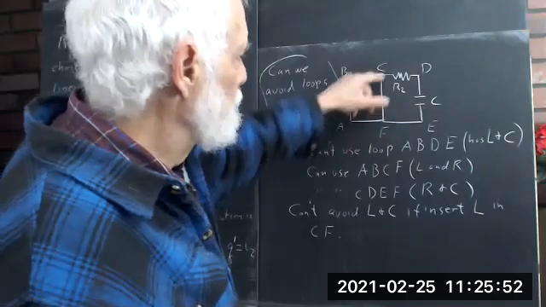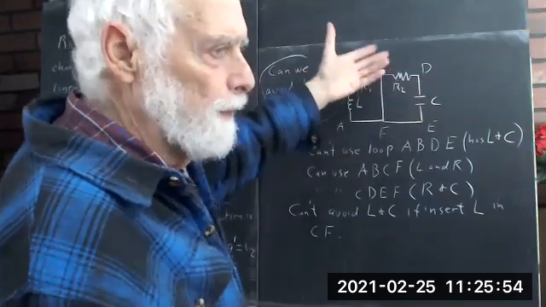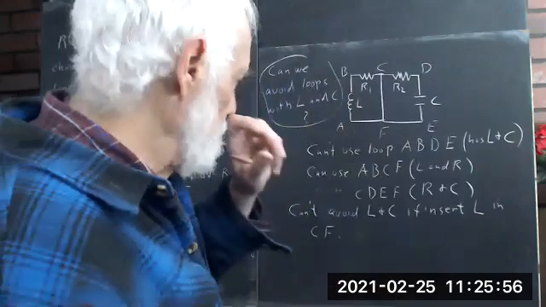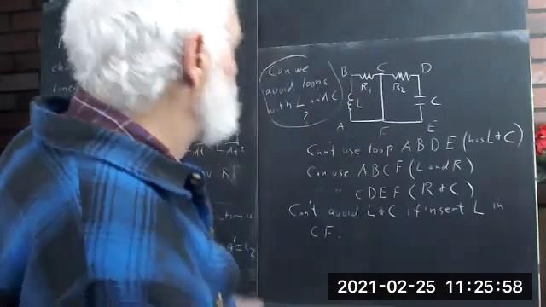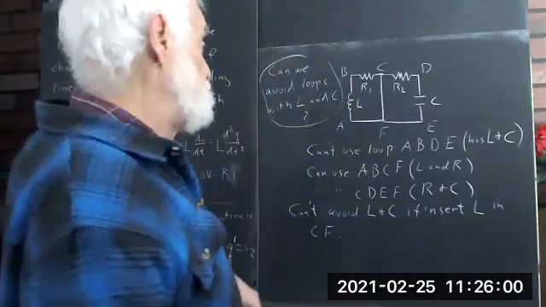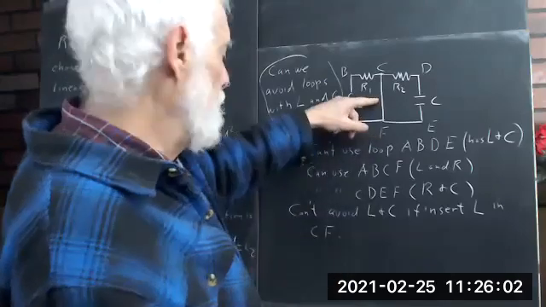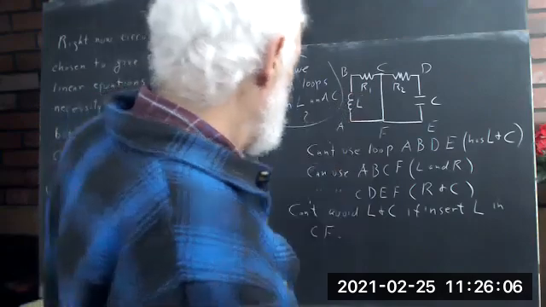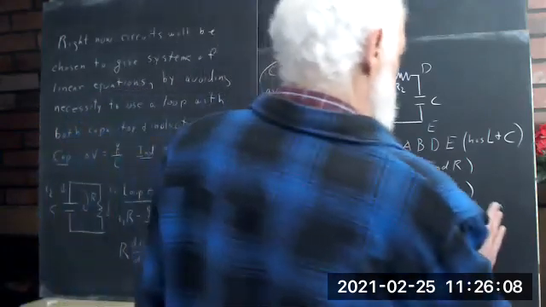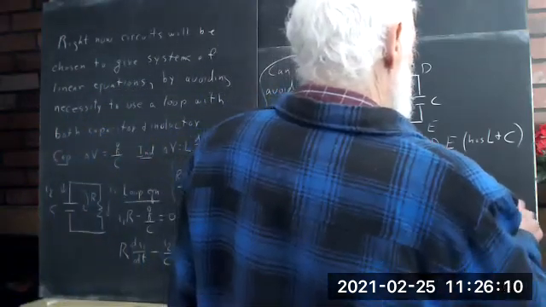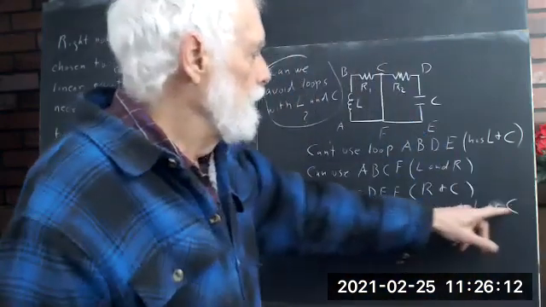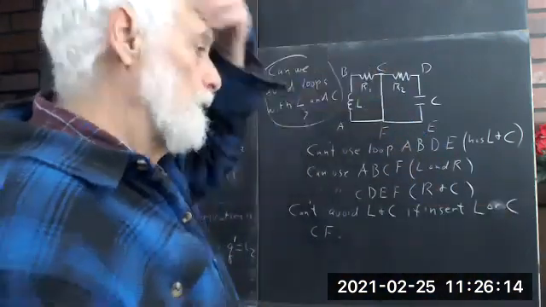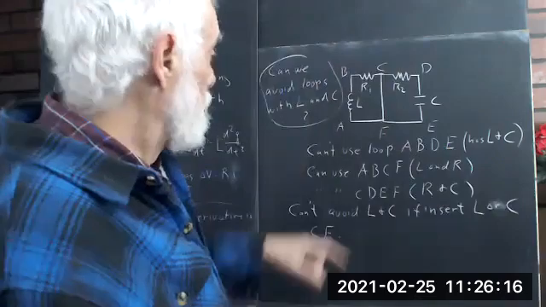We have an L and a C in this loop. And to get the equations, we're going to need at least two loops. We can't put a capacitor. If we put an inductor or a capacitor in here, we're out of luck.